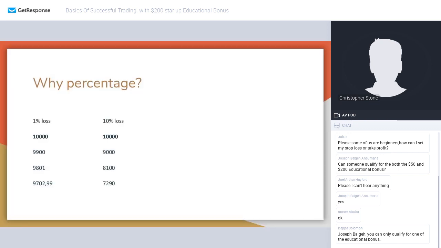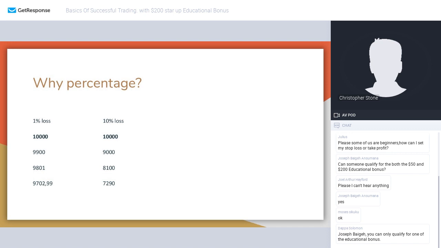The next thing is, why should we use a percentage stop loss? For example, why 1%? Why not 10% or 50%? Well, it's a very simple thing. In the 1% risk per trade methodology, you are setting 1% of your amount of cash at the moment.